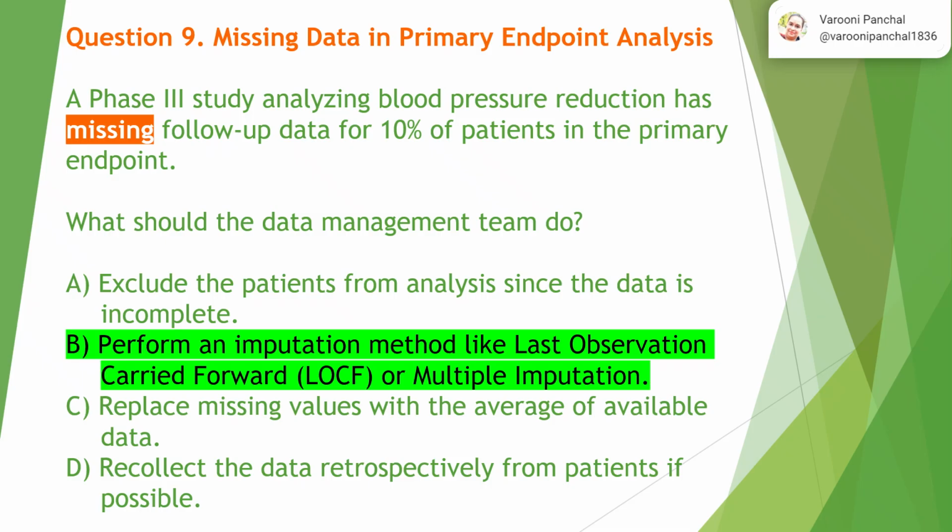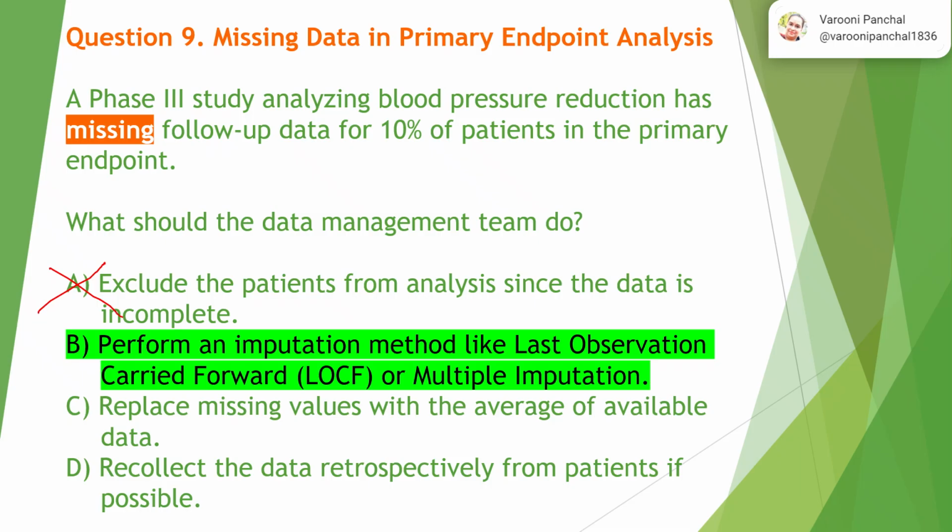Now, missing data will always be there in some way or the other, in any of the variables or parameters. It could be even primary, secondary or exploratory analysis. That does not mean that you completely remove that entire patient from the study. That is not ethically and logically possible. So this is not the right answer.